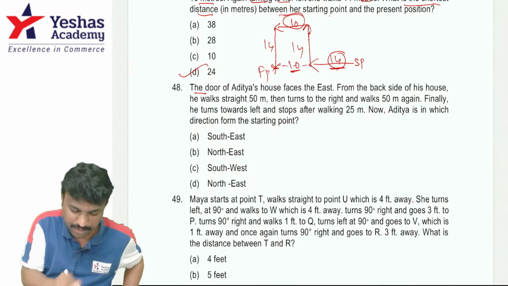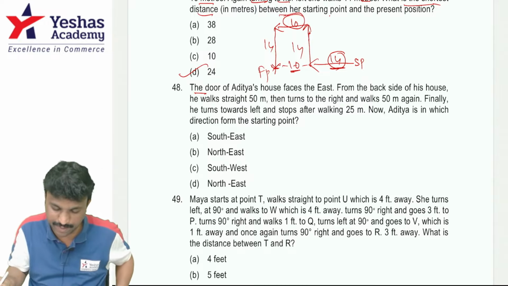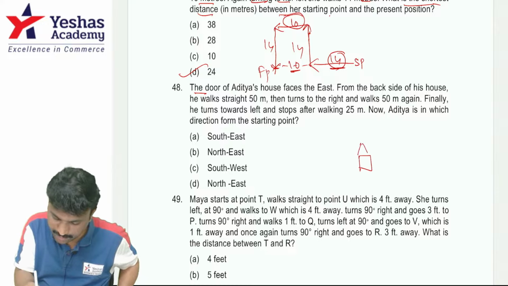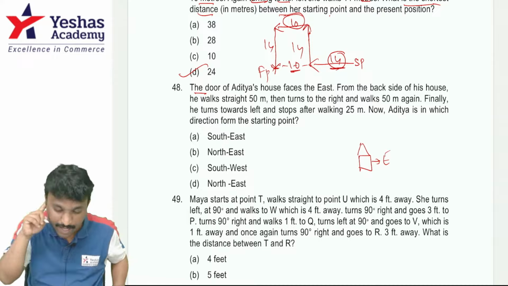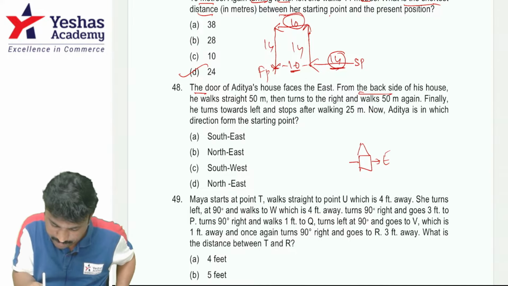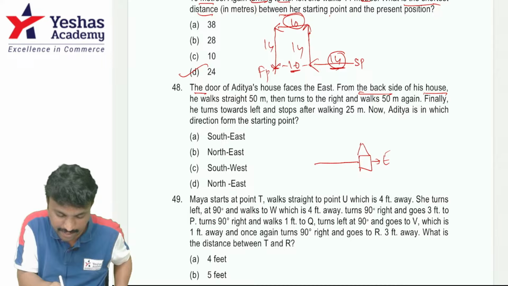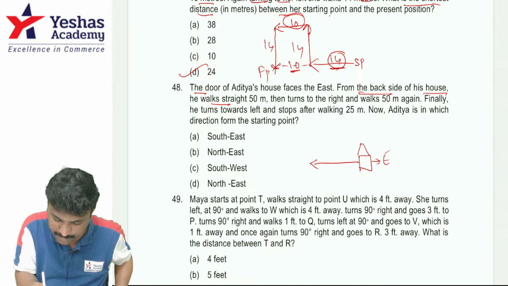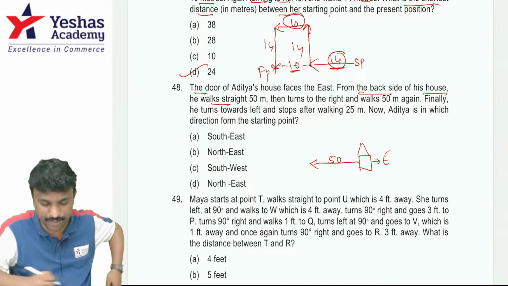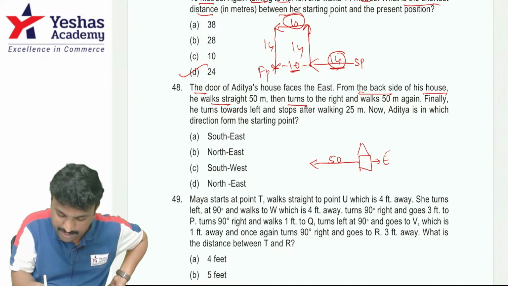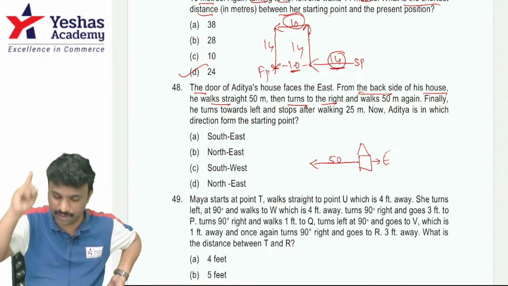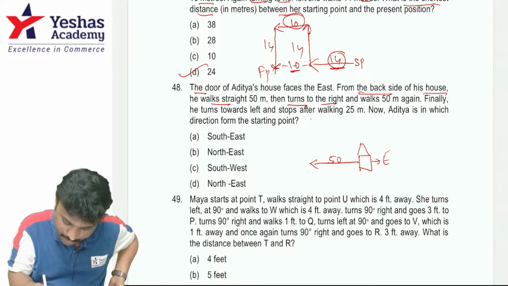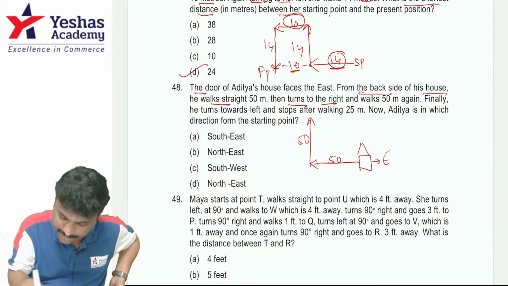Next question, 48. The door of Aditya's house is facing east. So from the backside, that means they went towards west of his house. He walks straight 50 meters. So first he went towards west. Then he turned to the right. Going towards west, right is which side? Upwards. And walks how many meters? 50 meters again.